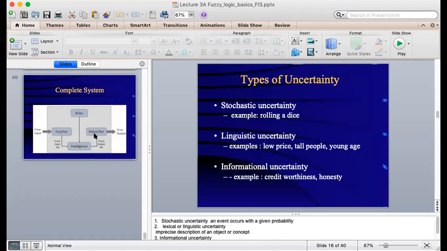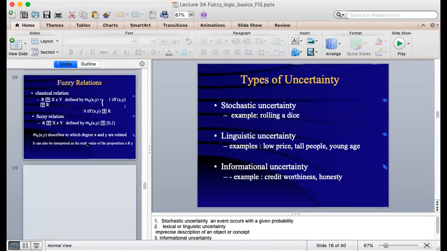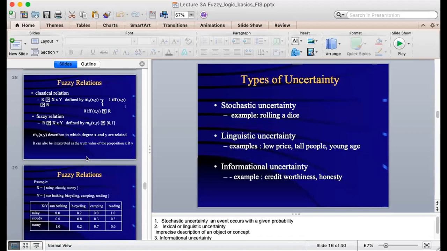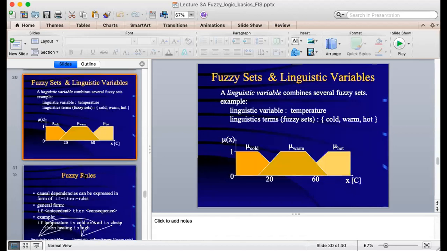This is what we call a fuzzy rule based system.